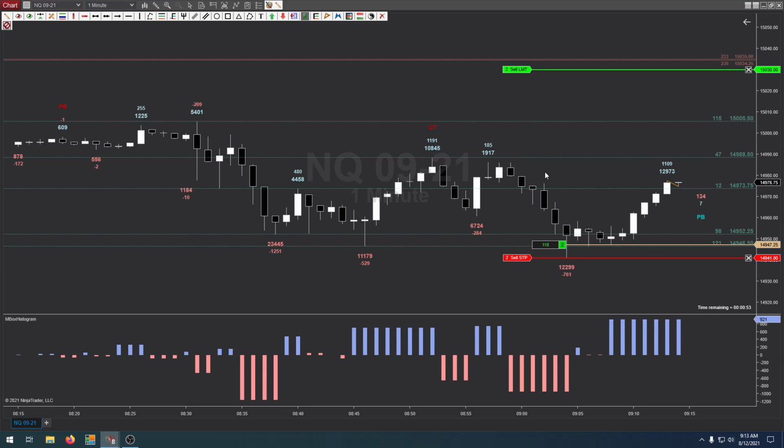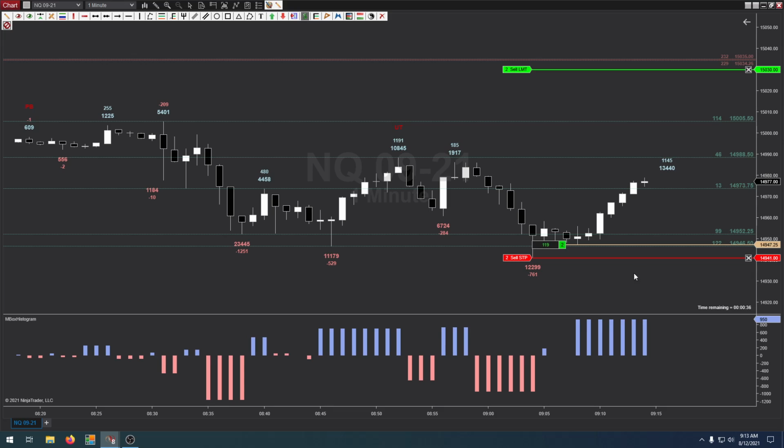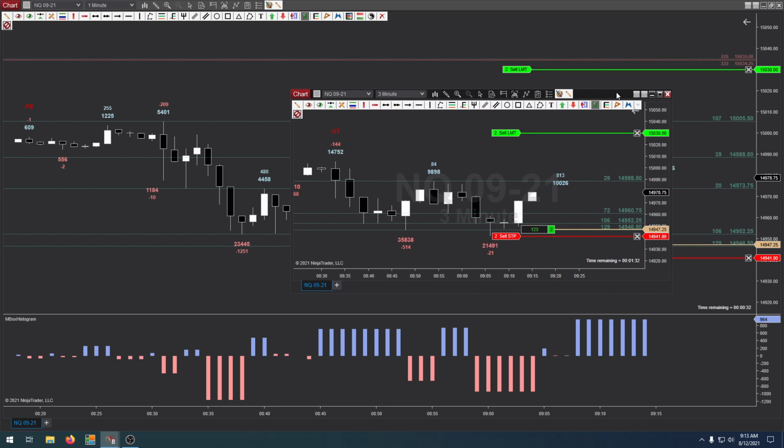Okay, and as you can see on the 1 minute, we're getting higher highs and higher lows on each candle. As long as we keep getting higher highs and higher lows, and the candle closes above the prior candle's close, as long as that continues to happen, we're going higher. So I'm going to put this back over here.